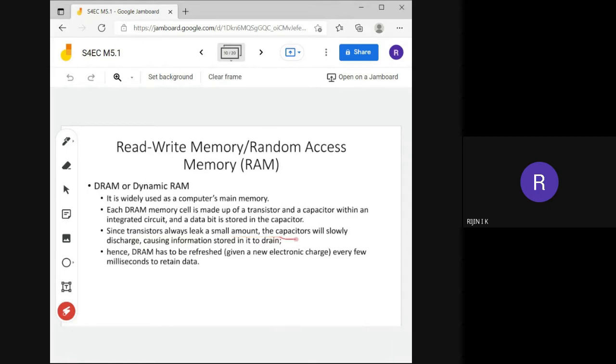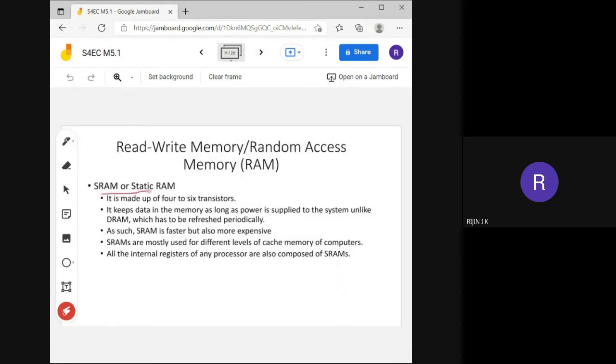Then the capacitor will slowly discharge. That will cause the information stored in it to drain. So, DRAM has to be refreshed every few milliseconds to retain the data. Okay, that's all about DRAM.